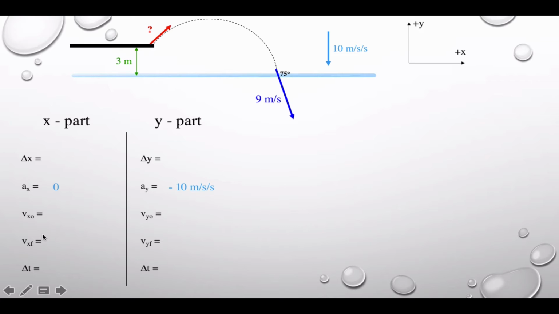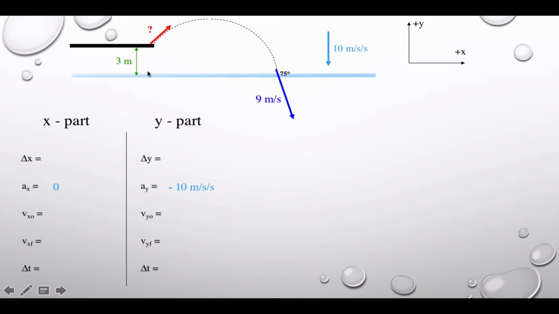Which means that the only equation you will need in the x direction is v equals change in x over change in time. It's the only equation you will ever need in the x direction because there is no acceleration in the x direction.